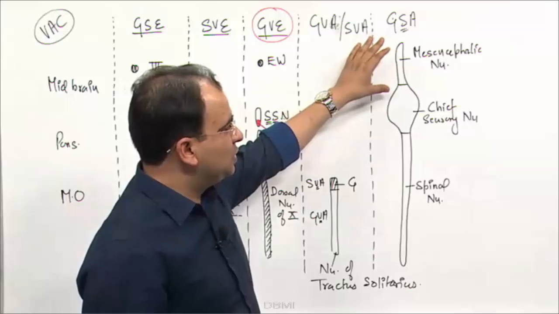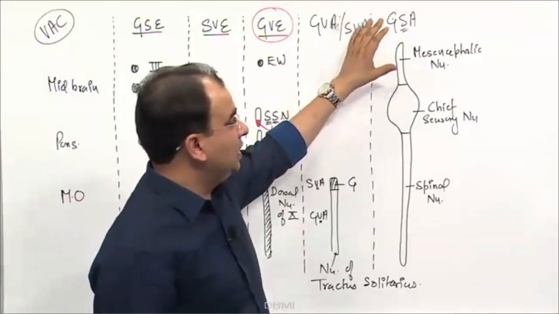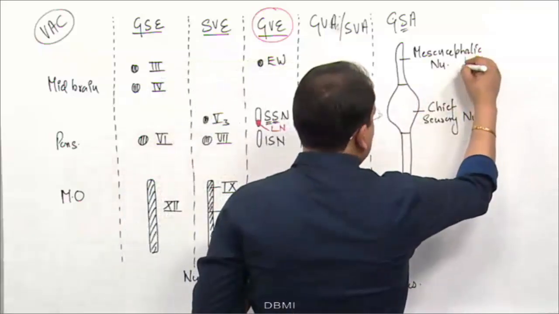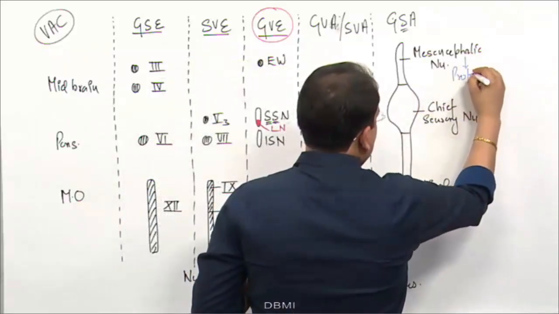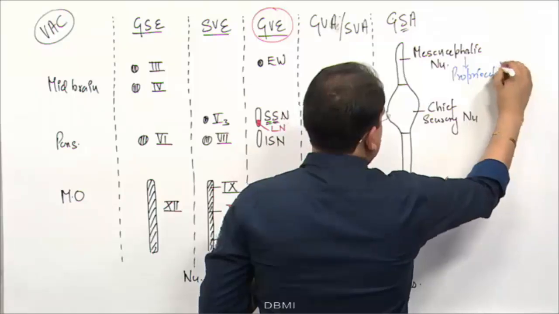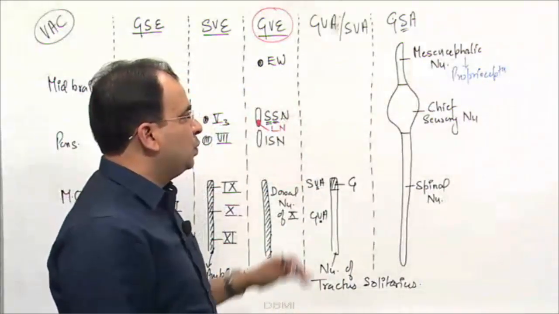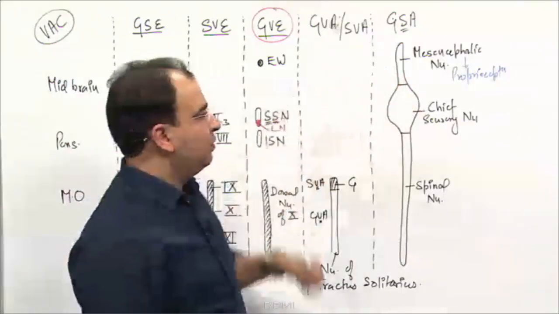Mesencephalic nucleus, please note, is for proprioception. So all proprioceptive information from the face will go into the mesencephalic nucleus via the trigeminal nerve.